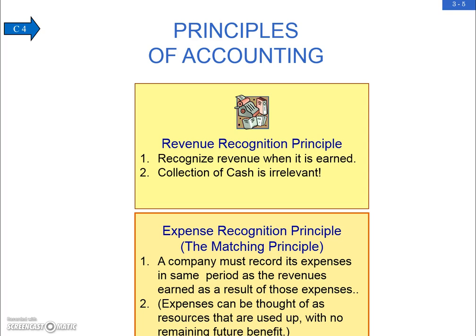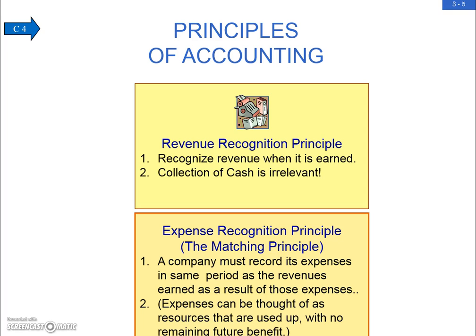And remember, the expense recognition principle is also called the matching principle, because we will record our expenses in the same period. We're going to match our expenses to the revenues that those specific expenses helped us generate. For example, when we spend money on our rent for, let's say, January, in theory, we paid that rent for January and it helped us earn revenue in January as well, right?